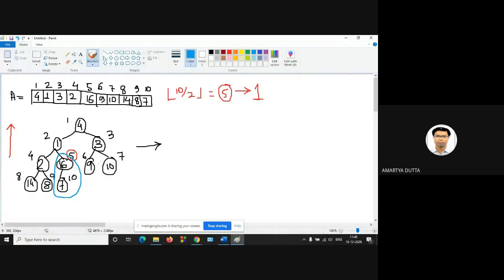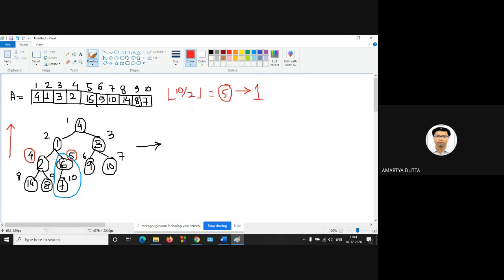If we take 16 and 7, 16 is greater than its left child and right child. So 16 is placed in its correct position. Next, decrement the value of i by 1, so your next i value is 4.